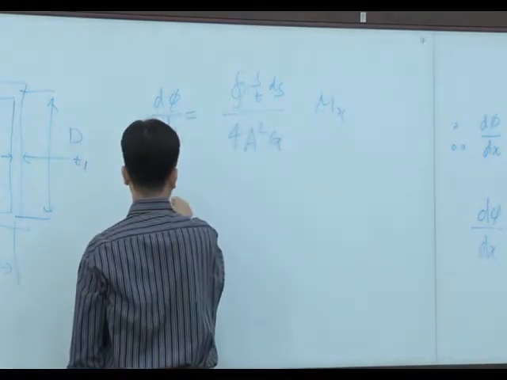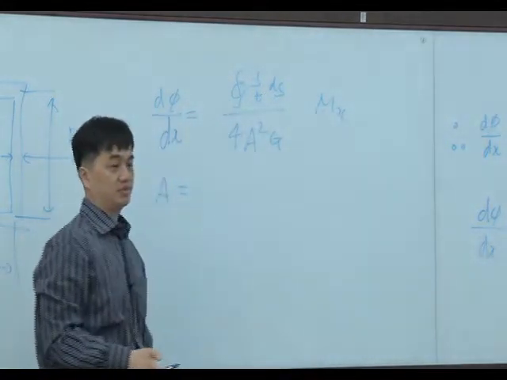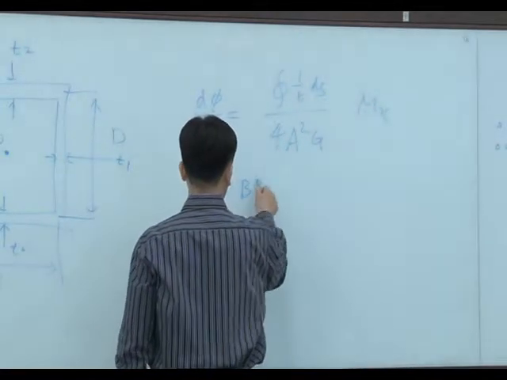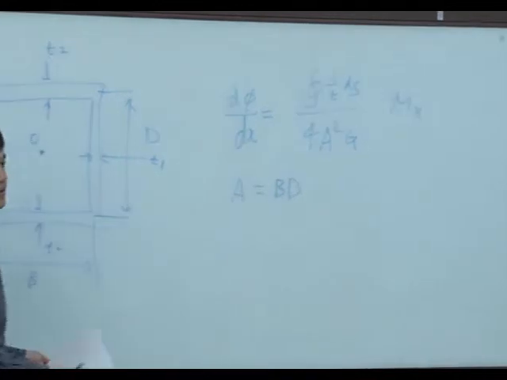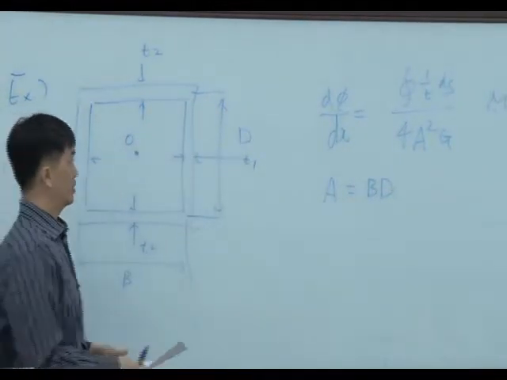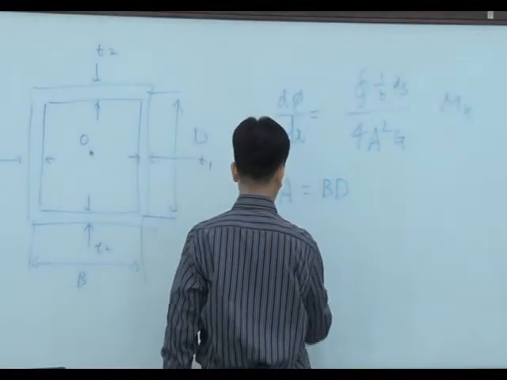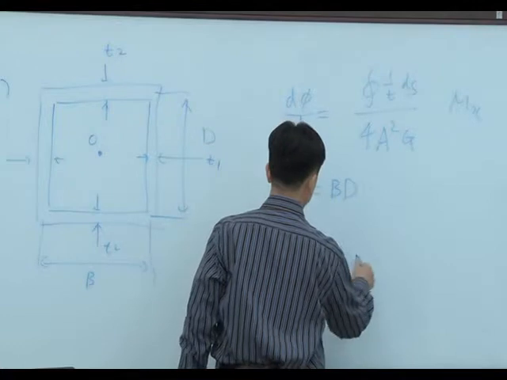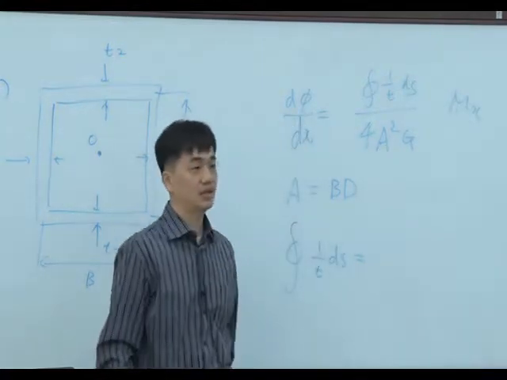How about a? Calculation of a is very simple. This is just simply BD, right? BD, very simple. Then how about the calculation of the integral of ds over T? Can you do that?